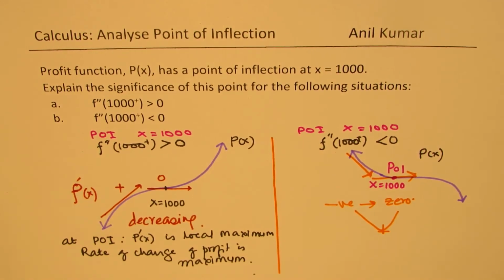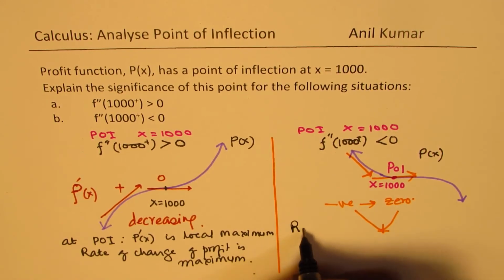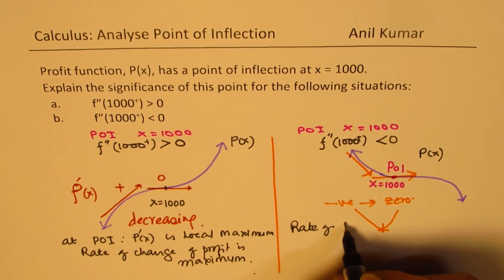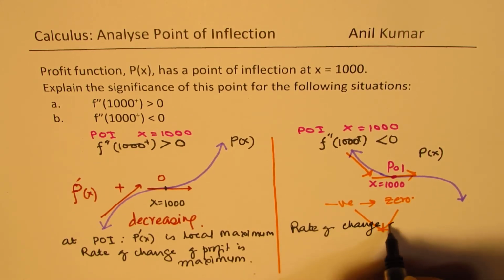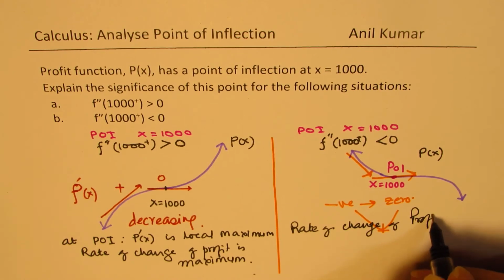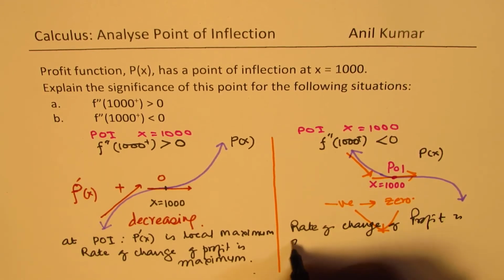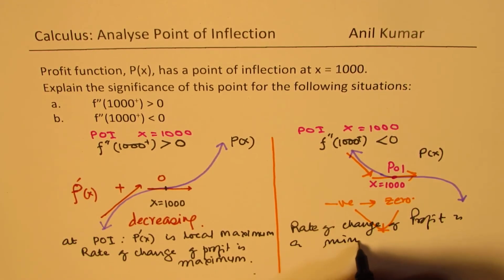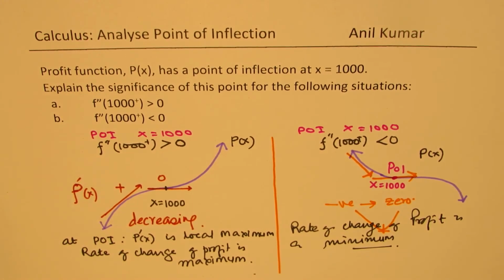So in this case, the rate of change of profit is a minimum. Do you understand?